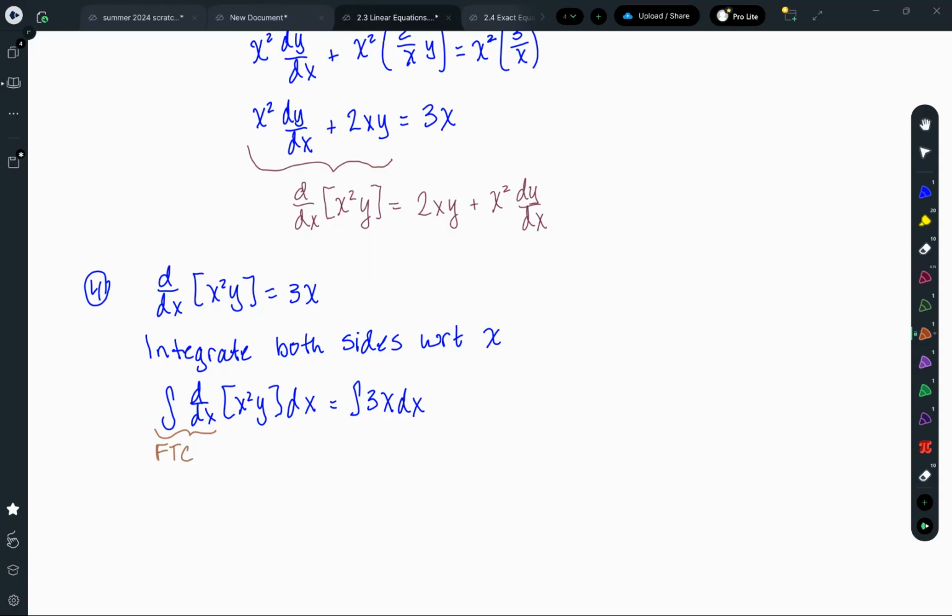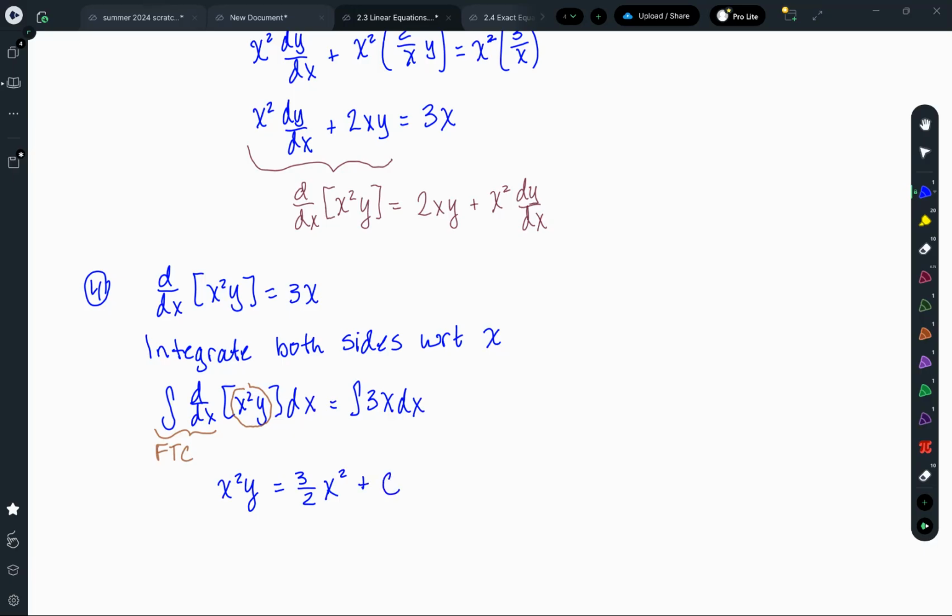And the fundamental theorem of calculus says that if I integrate the derivative, and they're in the same variable, then they undo each other and they leave behind whatever the argument was. So in our case, the argument was the x squared y. So then the left-hand side just becomes x squared y. On the right-hand side, we go ahead and integrate and get 3/2 x squared plus c.